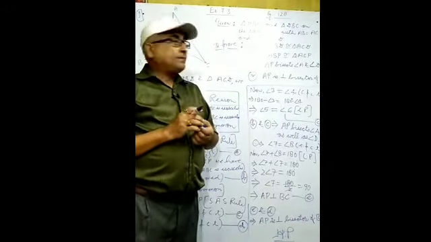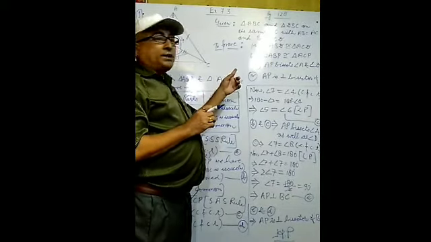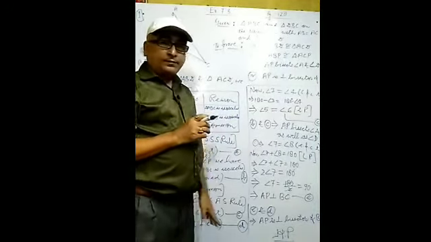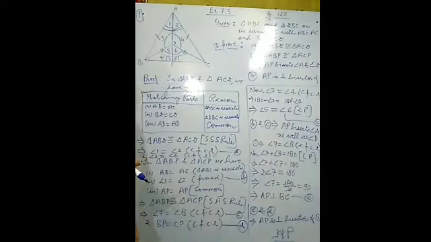In this way, part number 1, 2, 3 and 4 are all discussed here, and whatever is discussed is written on this whiteboard. So you are advised to either take screenshots or note it down.